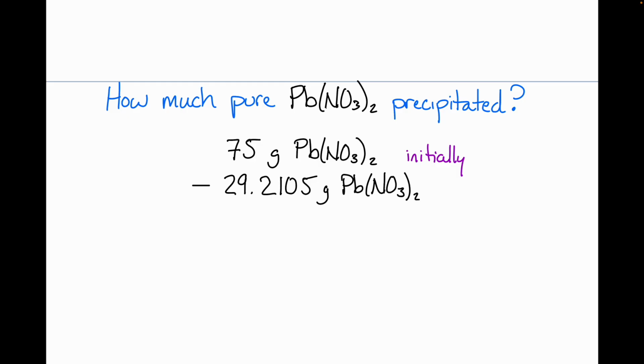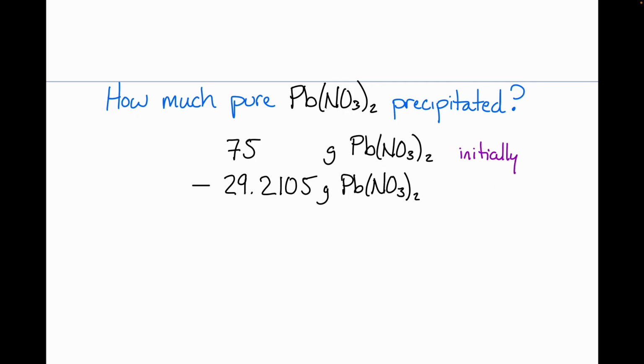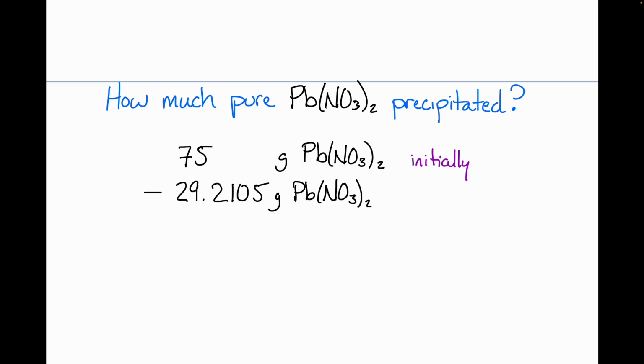Let me clean up my units here so it's a little bit easier to see. The 29.2 again was how much remains in solution. So the difference between those will be how much pure solid I get back out.